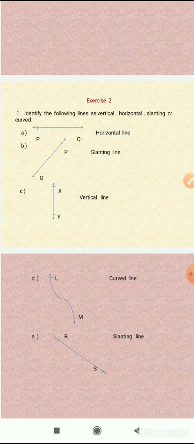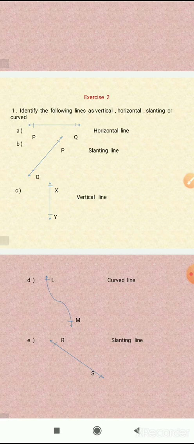Students, you have learned about types of lines, that is vertical, horizontal, slanting or curved line. Some figures are given here. You have to identify whether those figures are vertical lines, horizontal lines, slanting or curved.